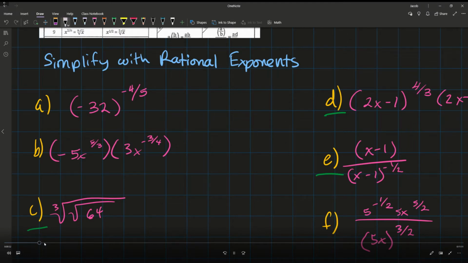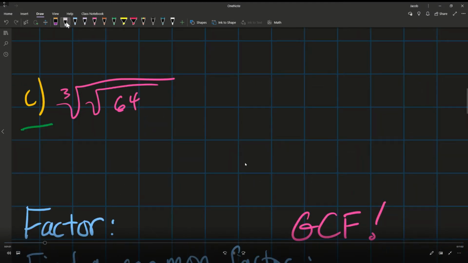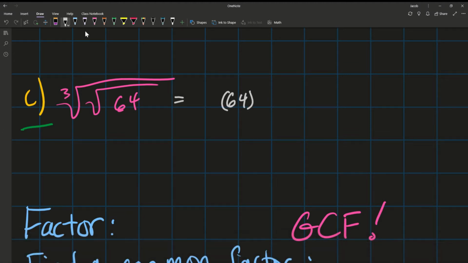So we're going to jump down to this one, which is the cubed root of radical 64. What you want to do is change these radicals to powers. So I have the half power of 64 to the third power.